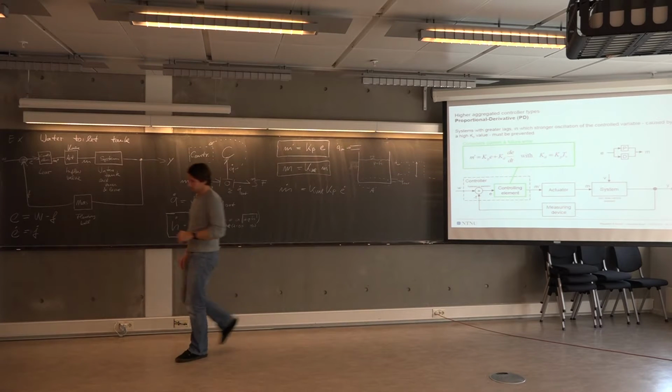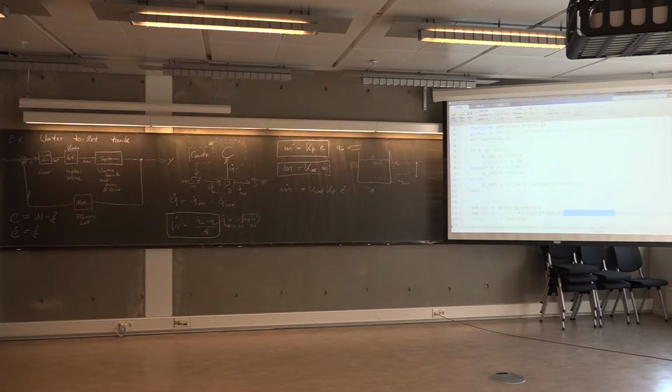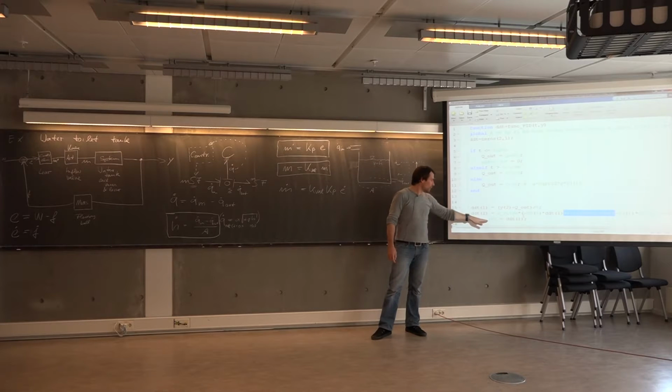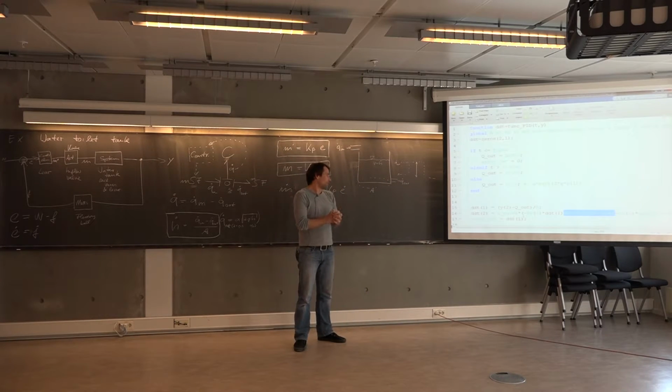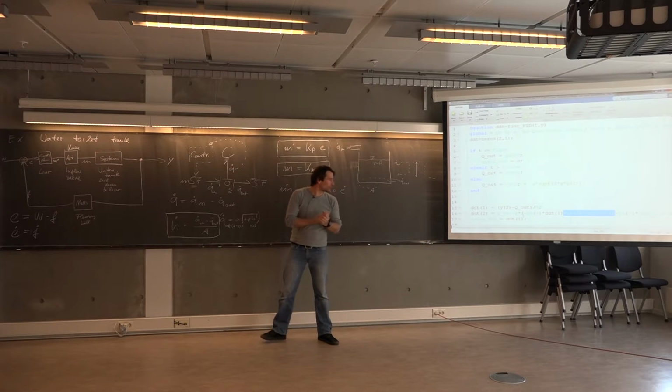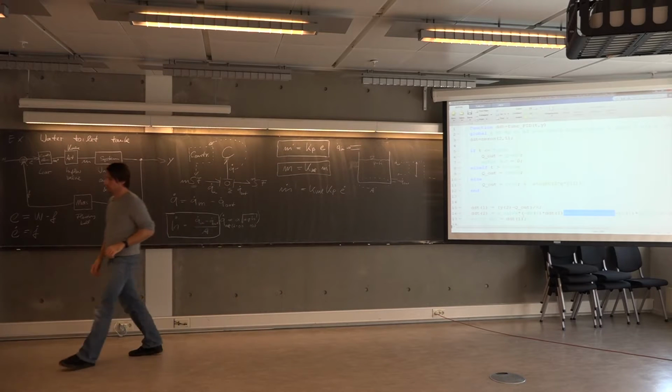But we are actually computing this already. We have that third equation here, the rate of change of that water level height. That's yet another differential equation that we solve. So we get basically the second derivative of the error.